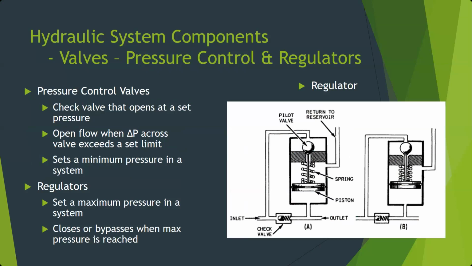That's going to reduce the fluid going to B, and stop the B side pressure from increasing until it drops back down to a point where it can override this check valve at the bottom, and then allow fluid flow again. So that's a regulator that has a bypass setting on it. I don't have a pressure control valve, but essentially this check valve right here working by itself can operate as a pressure control valve.